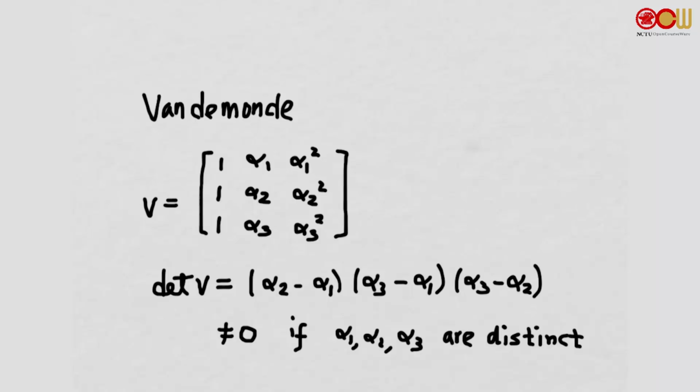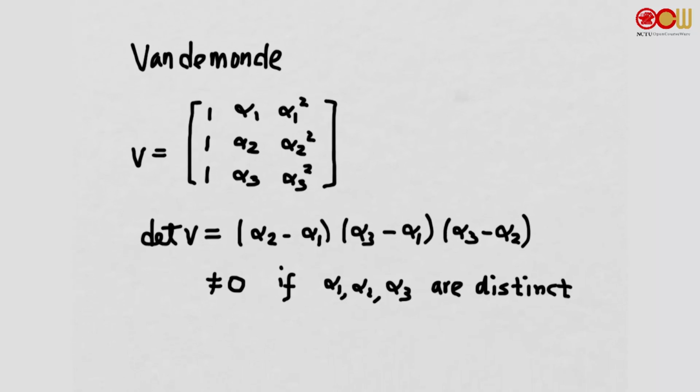That means they are all different. That is, alpha i is not equal to alpha j for i not equal to j. Then we say they are distinct.